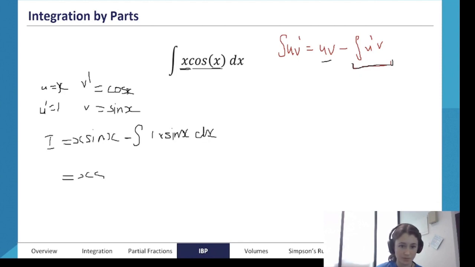So this leaves us with x sine x, and the integral of sine x is negative cos x. So this is going to be our integral here. Okay, awesome. So this was a simple example of integration by parts.